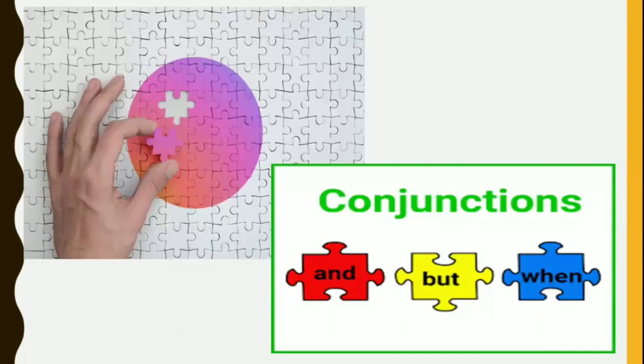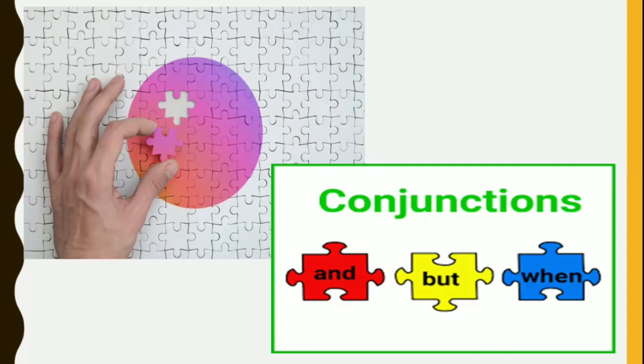Just like in a puzzle, you have to place all the pieces in their places correctly. In English, parts of speech play the same role. See this picture in which the puzzle is incomplete because one pink piece is missing.